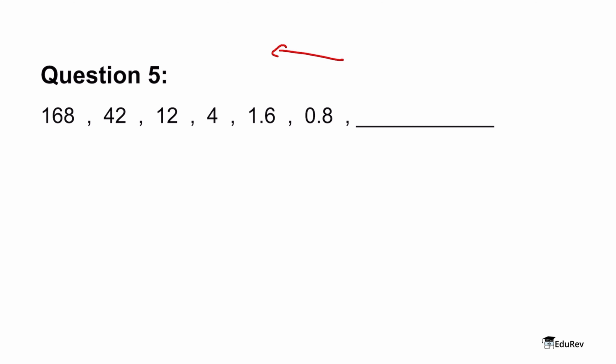Okay. So how do we grow from 0.8 to 1.6? The easiest way to do it is to multiply it by 2. From 1.6 to 4, all we have to do is to multiply it by 2.5. From 4 to 12, it's a multiplication of 3.